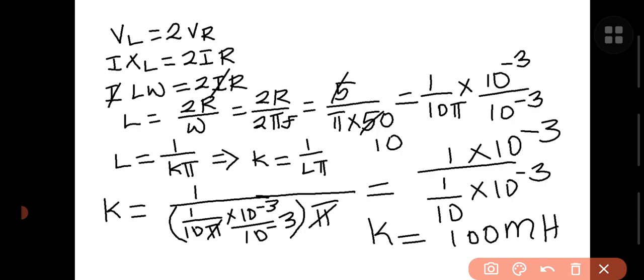L is equal to 1 by K pi. From this, K is written as 1 by L pi.